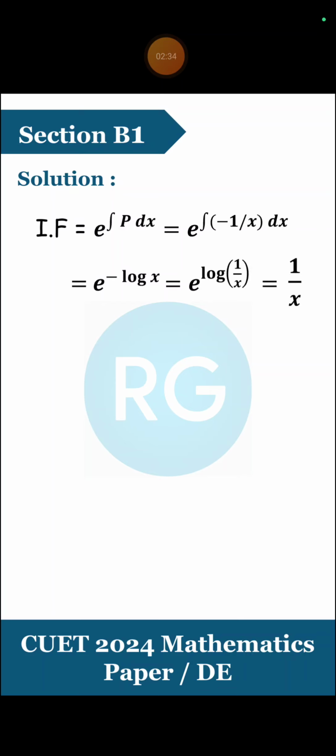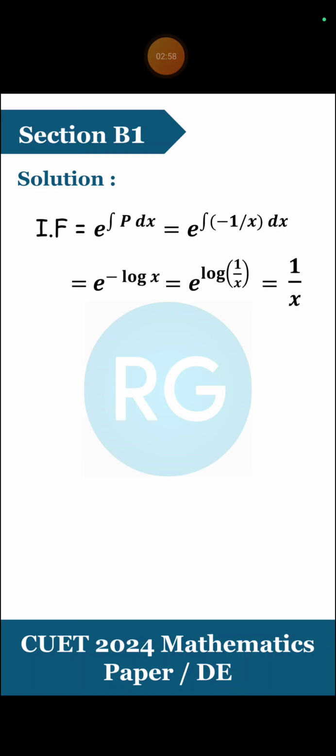Now, when outside log a negative sign is there, I can always put to that negative sign as a power of x, and that will go in the denominator, as x raised to the power minus 1 is equals to 1 by x. So e raised to the power log of 1 by x, and we already know the properties of logarithm, that is e raised to the power log x is equals to x.